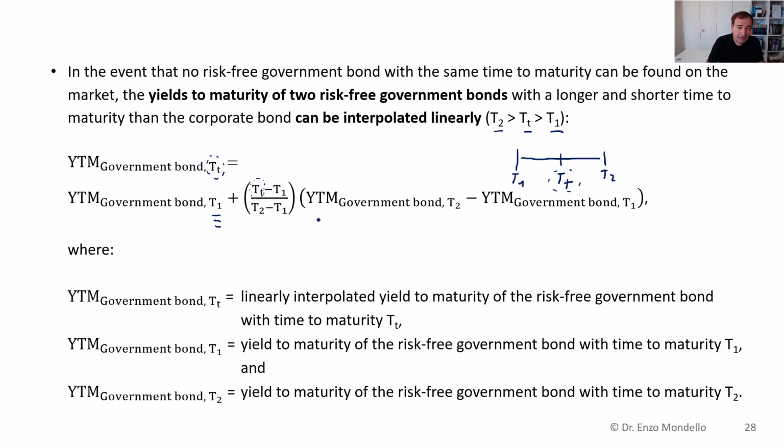And that's then multiplied by the difference between the yield to maturity of the government bond with a longer maturity and the yield to maturity of the government bond with a shorter maturity.